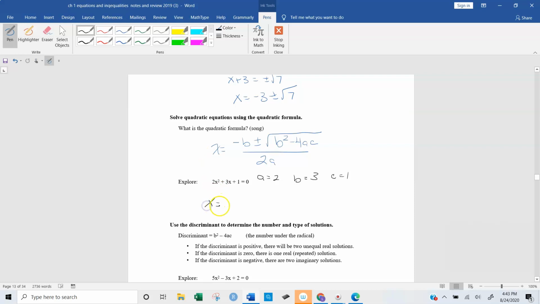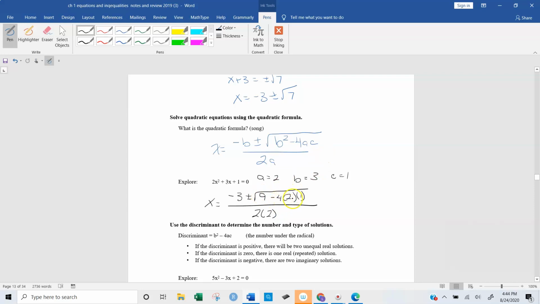So we know x equals the opposite of b, so minus 3, plus or minus the square root of b squared, well 3 squared is 9, minus 4 times a times c, all over, not just what's under the radical, but the whole thing under the radical is known as your discriminant, all over 2 times a, which is this.